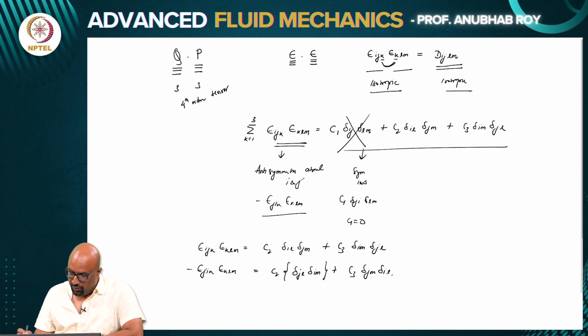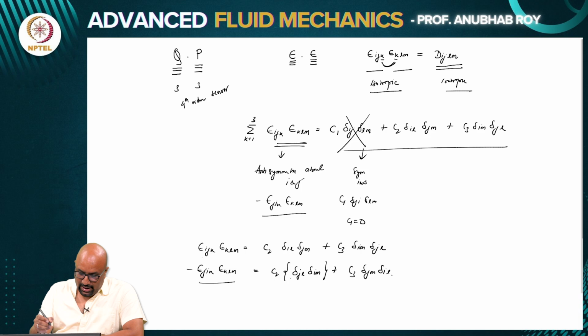So, now if you observe, the LHS has changed to minus epsilon jik klm, and in the RHS, on switching indices, you have C2 delta jl delta im plus C3 delta jm delta il.